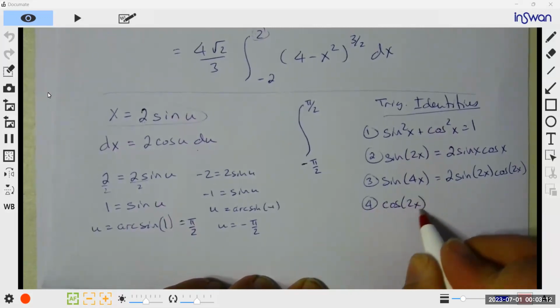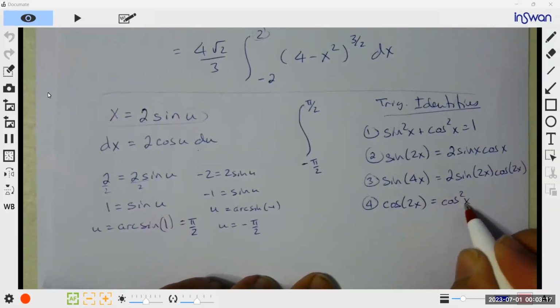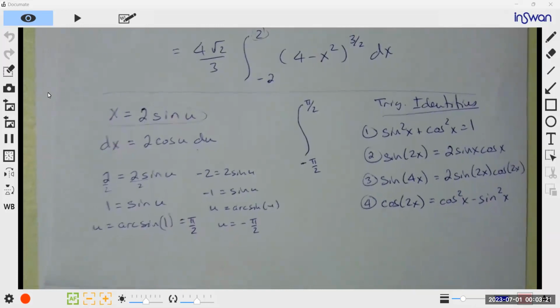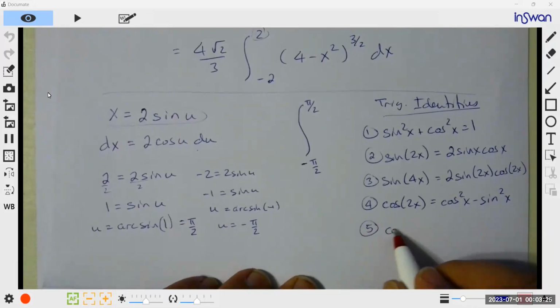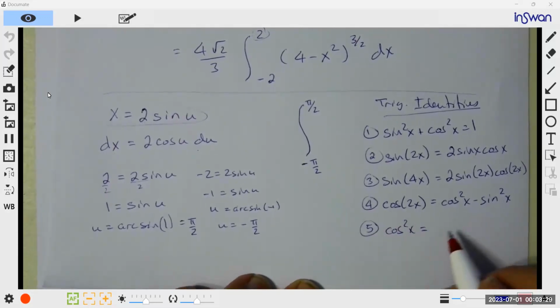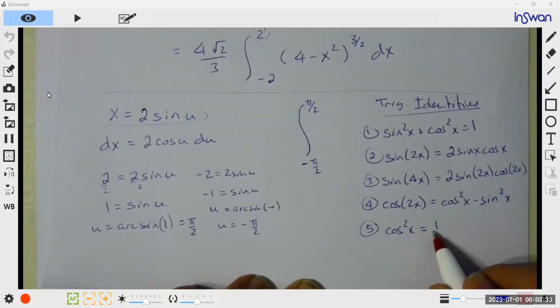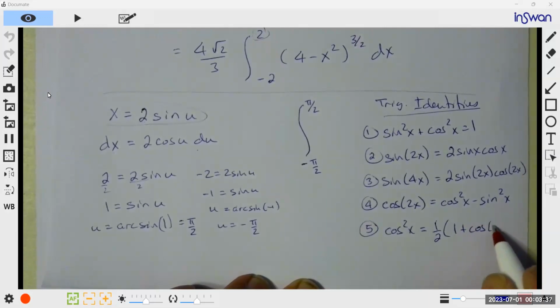The double angle of cosine is cosine squared x minus sine squared x. Cosine squared x can be written as, besides 1 minus sine squared, 1/2 times 1 plus cosine 2x.